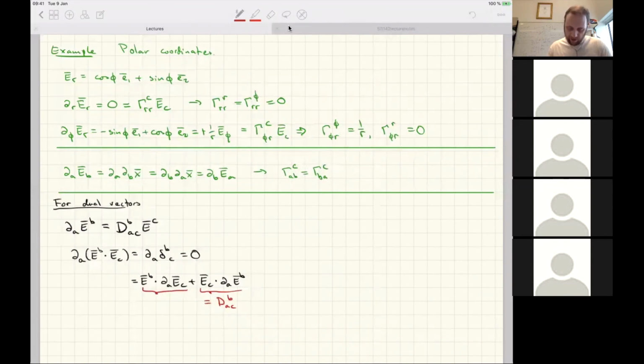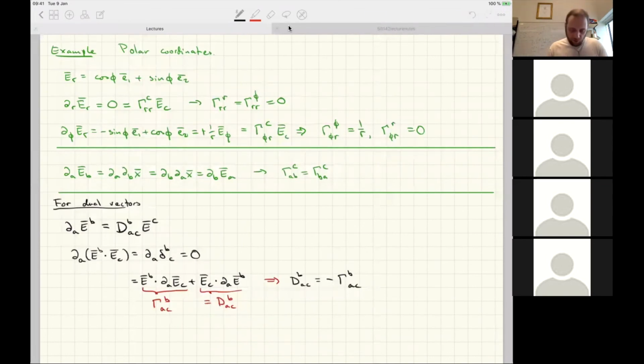Whereas this thing, if we remember the definition of the Christoffel symbols, is gamma ACB. So this tells us that this DBAC is minus gamma BAC.